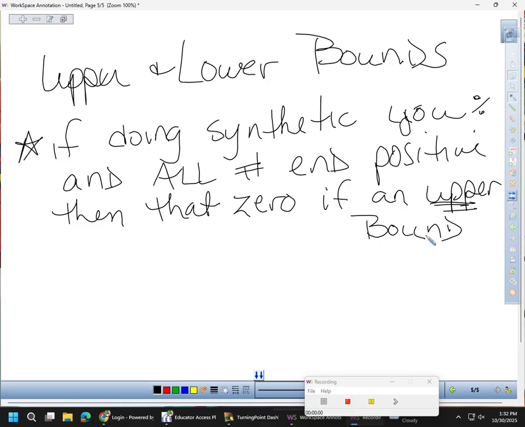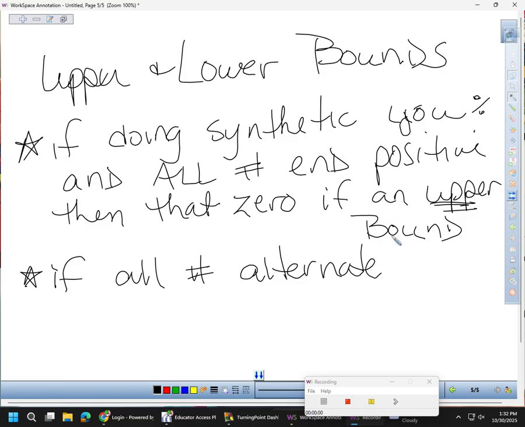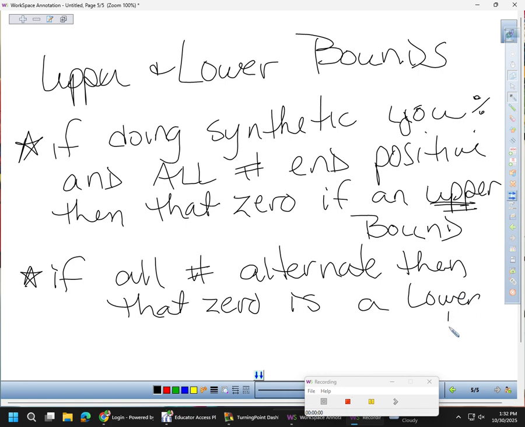Okay? If all numbers alternate, then that zero is a lower bound.